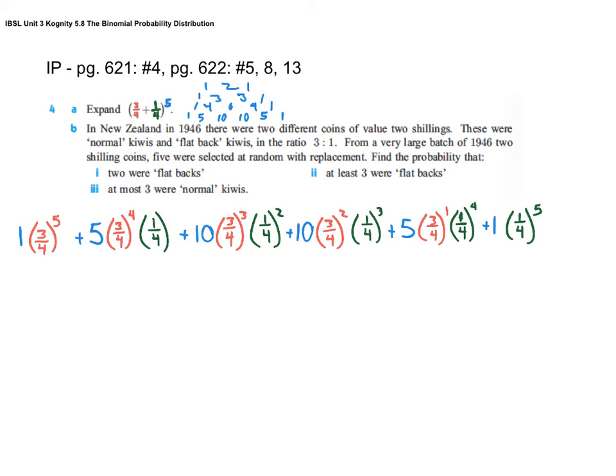That can occur in situations that are truly independent, like flipping a coin or rolling a die. Or it can happen in things like this, where we have a statistic, like 3/4 of the coins are normal and 1/4 are flatbacks, and we're looking at a very, very large population.